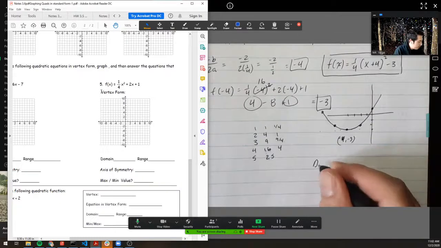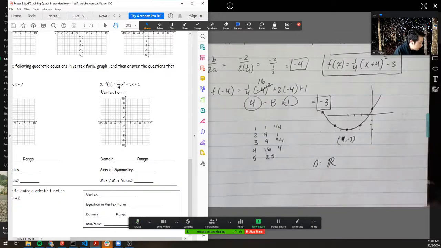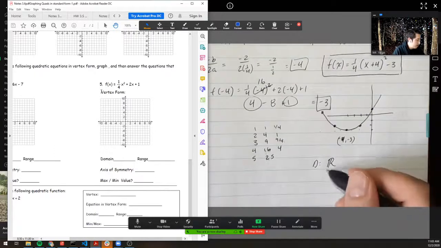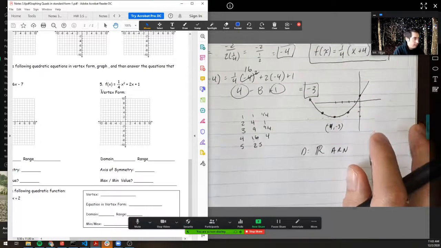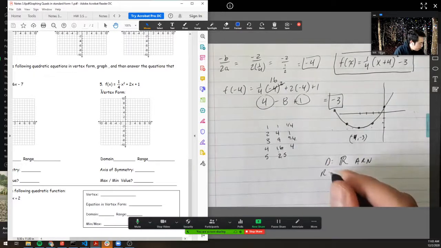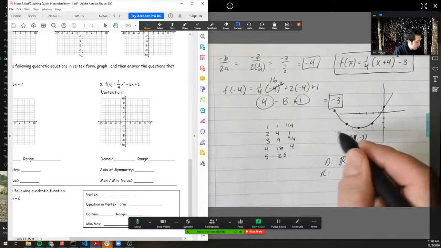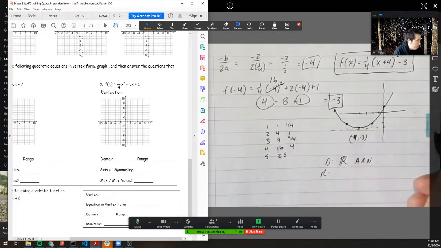So last thing to think about, domain. Domain here is almost always all real numbers. That's the double R thing, all real numbers. I know what you mean. The range here is going to be, the lowest point is at -3, right? That's the low point, -3.